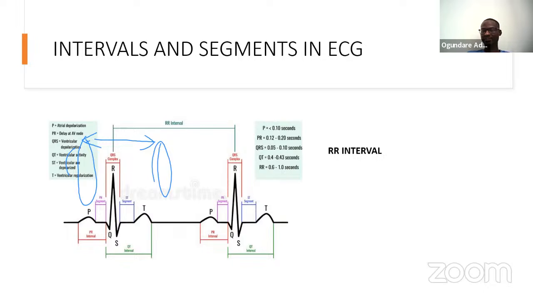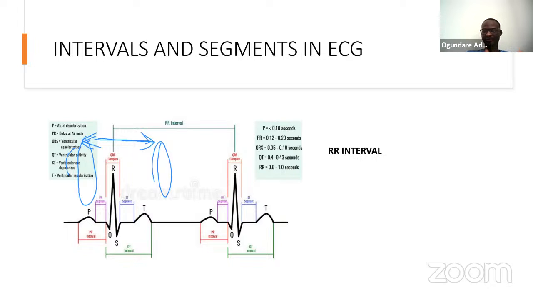So if the heart rate is reducing, maybe your patient is becoming brady, having bradycardia, would this gap be increasing or will it be decreasing? RR interval, will it increase or will it decrease? I just need a feedback on that.